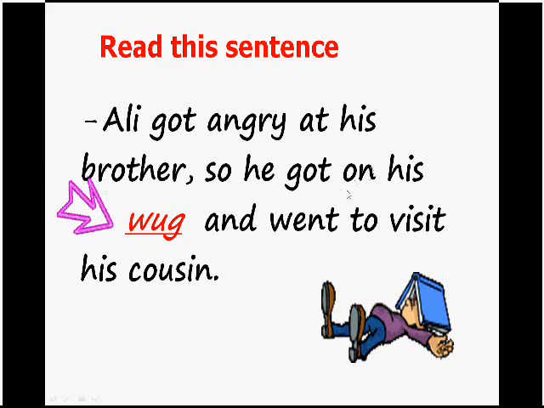So we have to look carefully at the sentence, at the text, at the context. If we have only this one sentence, this is our context. Ali got angry at his brother, so he got on his wag and went to visit his cousin. Let's have a look at some of the keywords here: got on, went to.